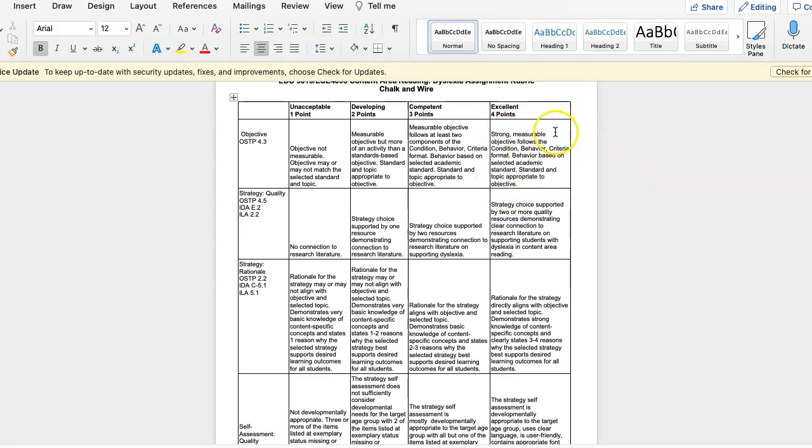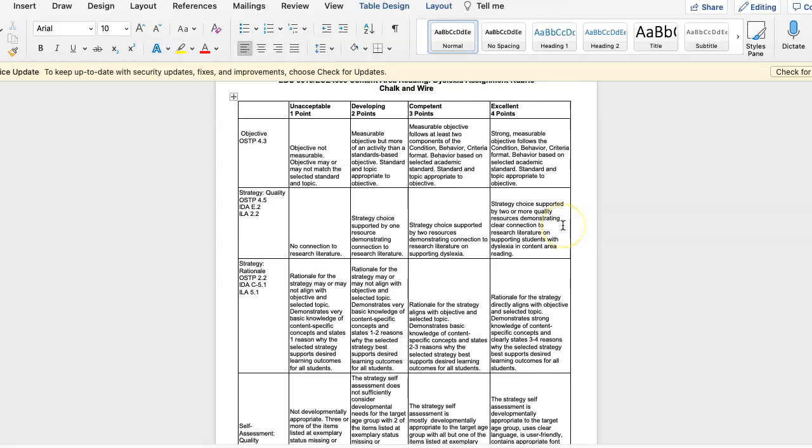Your objective to receive the maximum points must be strong, measurable, and follow the condition behavior criteria format. The behavior is based on the selected academic standard, and the standard and topic are appropriate to the objective.